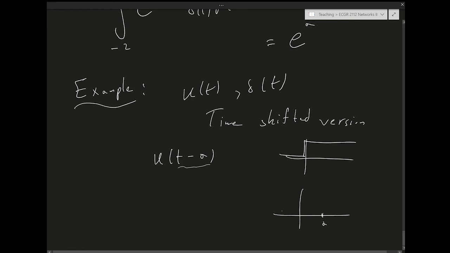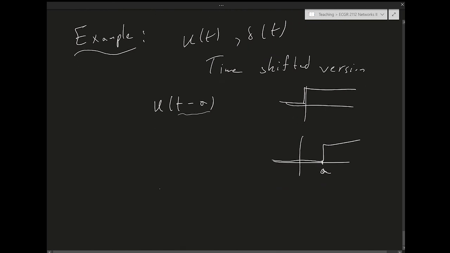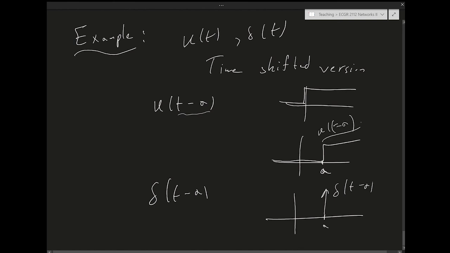So it's just time shifted a to the right. What about delta t minus a? It's the same as delta t, only it's shifted to the right by a. So this is delta t minus a, and this is u of t minus a. So we should be able to deal with time shifted versions of u of t and delta t.